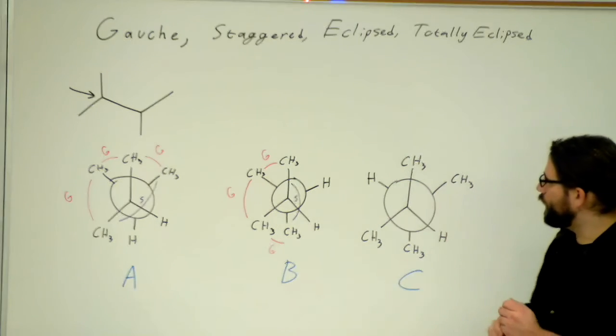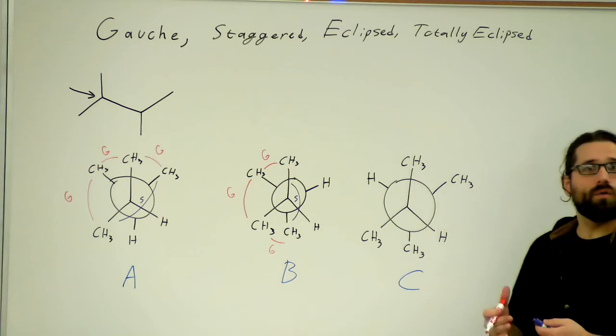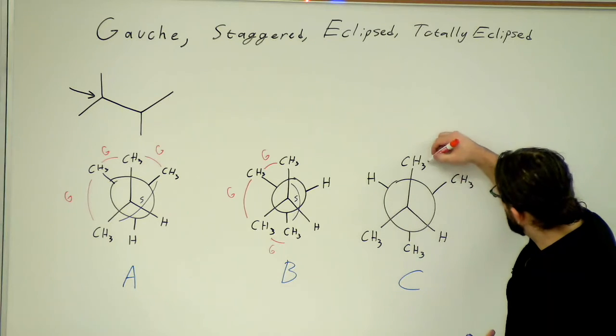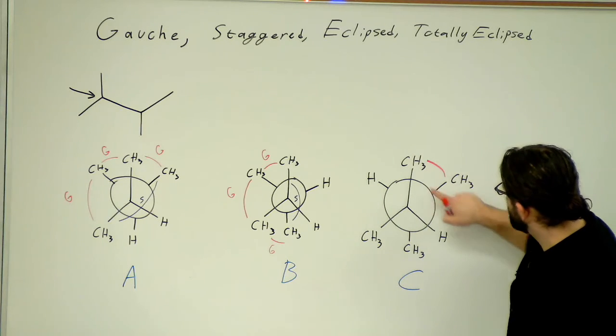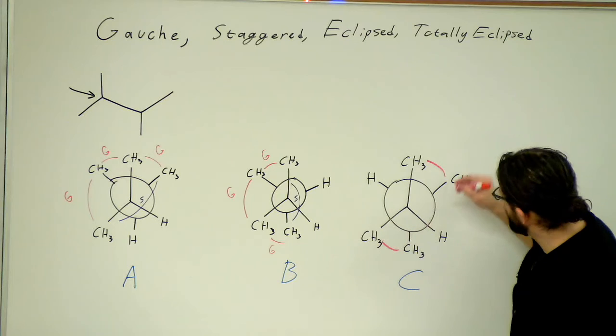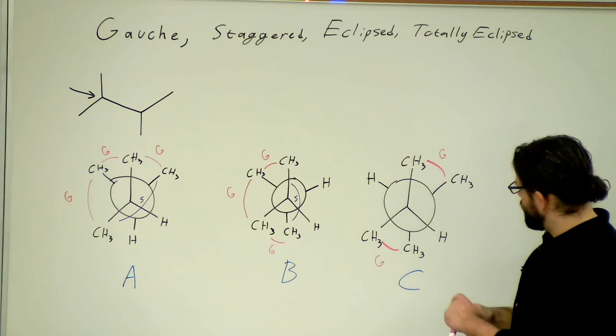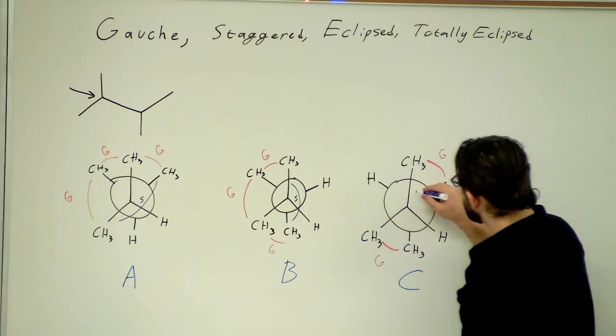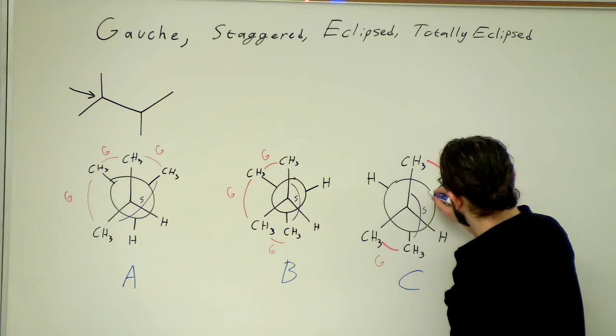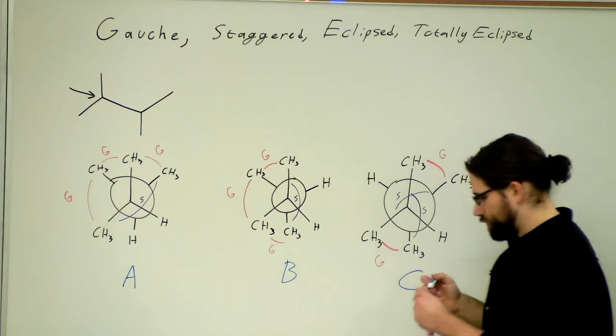Now in this third one, if I look at where my gauches are, I've got one here, but then nothing there, and one here. So there's one gauche, one gauche. And how do my staggereds look? Here I've got a staggered, and here I've got a staggered.